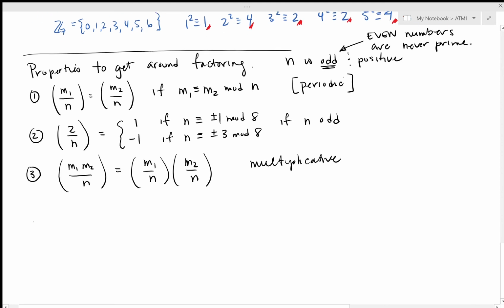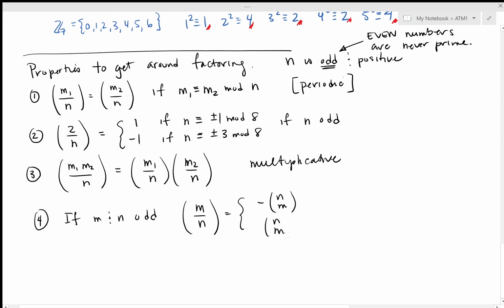Final property. If m and n are odd, then m over n is equal to the minus of n over m if m is congruent to n is congruent to 3 mod 4, and it is equal to n over m otherwise.